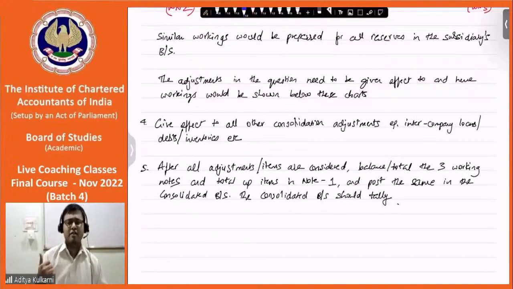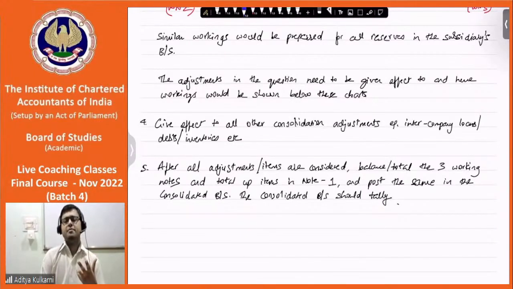The first one is the equity share capital of the subsidiary as well as the parent. We do not add both of them. The next one is investment of the parent in the subsidiary. And the third one is reserves. So all assets and liabilities, excluding these 3 items, are added line by line, subjected to consolidation adjustments, which we will look at later in today's session.